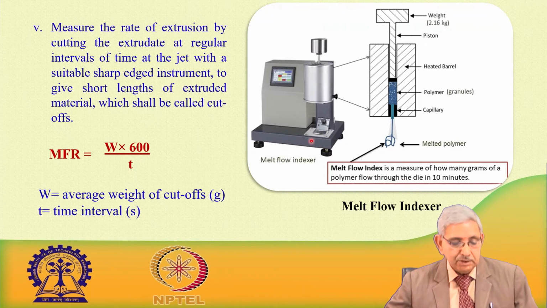It is computed using the expression: average weight of cut-off sample multiplied by 600 divided by T, where T is the time interval in seconds. So, this gives the MFR value.